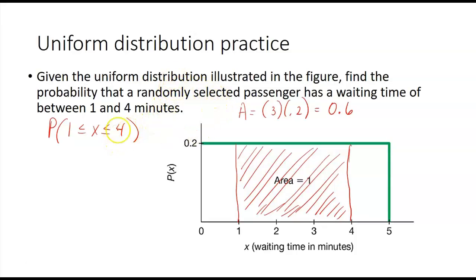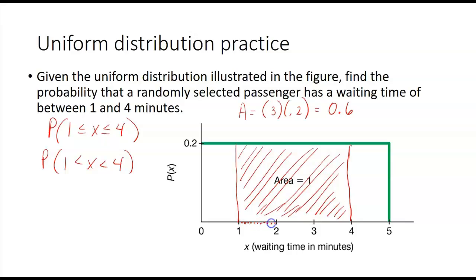One thing I wanted to say is that it really doesn't matter whether my inequality looks like this or like this. And I know that's a little bit strange because we know that in pure math classes, it does make a difference. But with these continuous probability distributions, it really doesn't make a difference because we talked about that there's infinitely many values along this line.